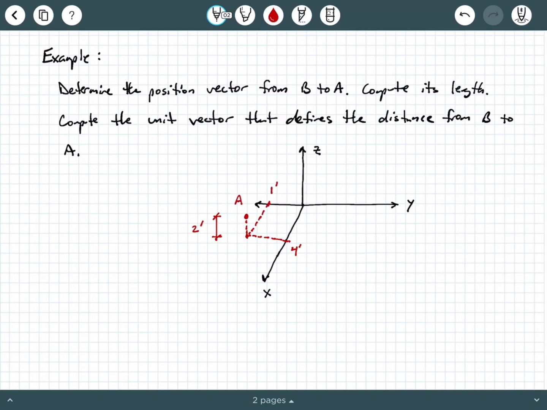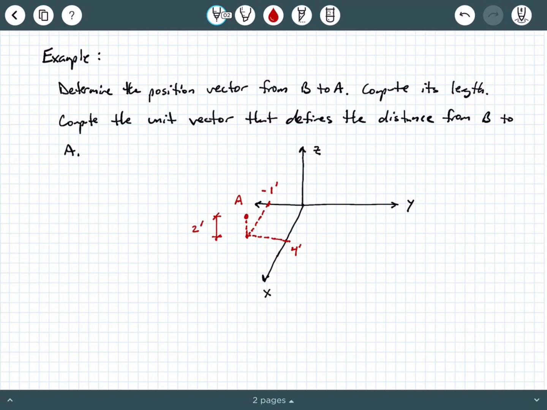So again, point A is in an octant where we have a negative y direction. So this 1 foot dimension right here is actually negative. In fact, you could put a negative right there to indicate it's along the negative y-axis. So that's point A.